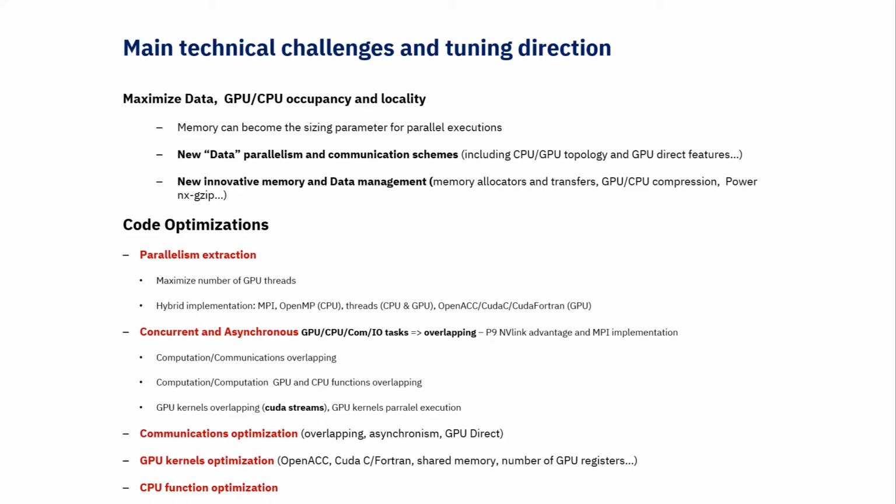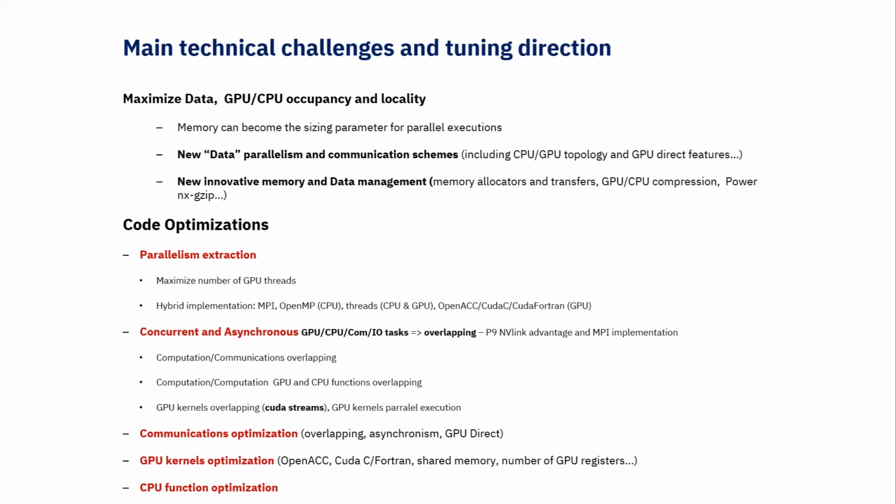I don't know how ATI is doing that, but on NVIDIA, all the kernels are run in streams, and you can create multiple streams and schedule them like you prefer. It allows you to overlap all the computations that you are doing on the GPU. And again, I will show an example after.